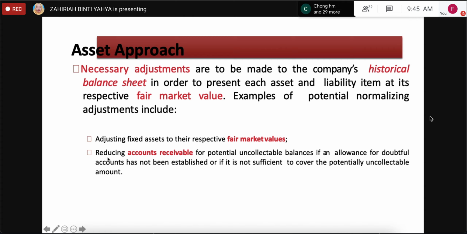Okay, and number 2, reducing account receivable, ya. Dalam account receivable tu semua orang yang hutang kat kita ada senarai nama dia. So you have to look, ada tak yang ni akan jadi bad debts, ya. Maknanya buatlah macam-macam mana pun dia tak akan bayar hutang tu. So that one we have to strike out, ya. Kita kena keluarkan. Kat sini dah cerita for potential uncollectible balance, ya. Kalau tidak, orang yang hutang kita tu dianggap sebagai aset kita, ya.